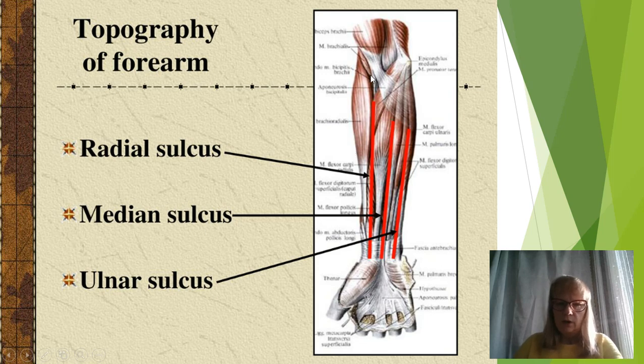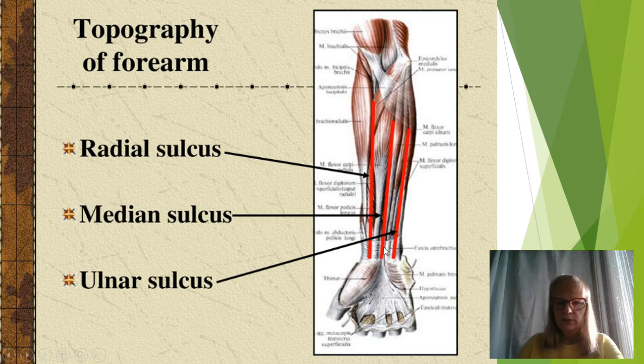So, topography of the forearm. On the anterior aspect, you see the three red lines. There we have three grooves. Sulcus antebrachii lateralis, or another name, the radial sulcus.